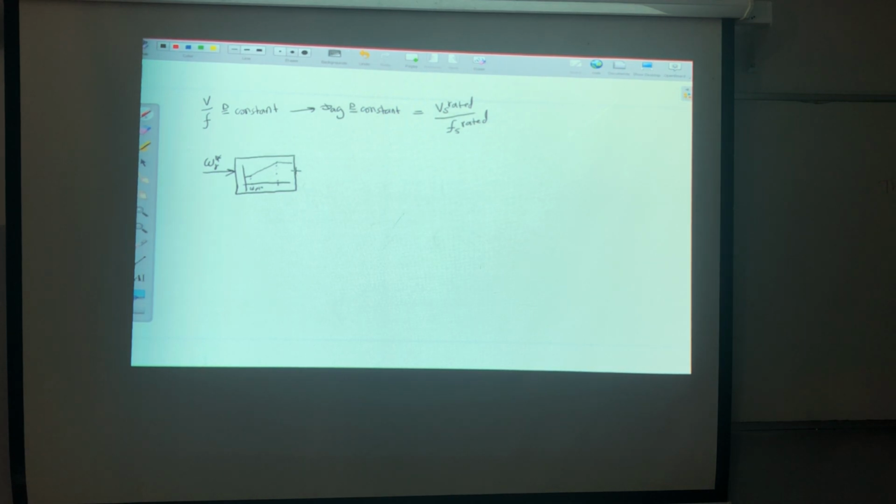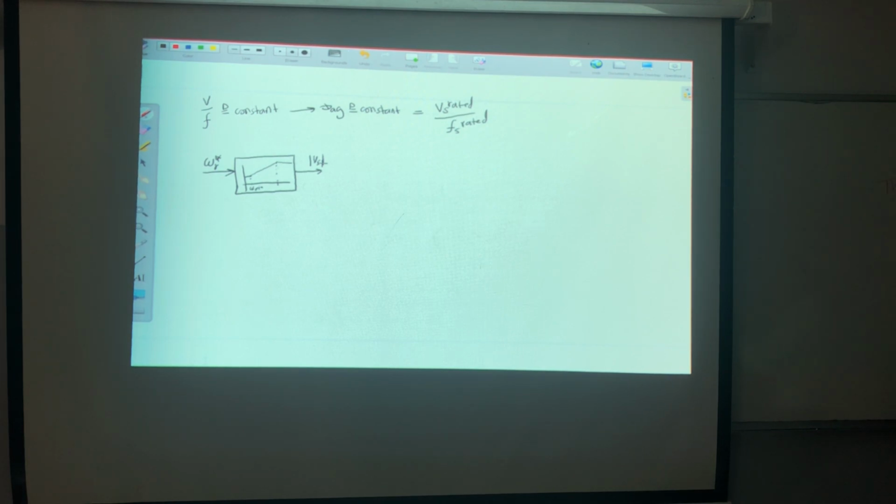So the output from this block is actually the amplitude of the voltage. This amplitude can be an RMS value, a maximum value, a phase value, or line to line. In the end of the day, the relation between them is constant. So what I need to know is what this block gives me. If this one is the maximum value, then in order to complete the reference, I need only theta.